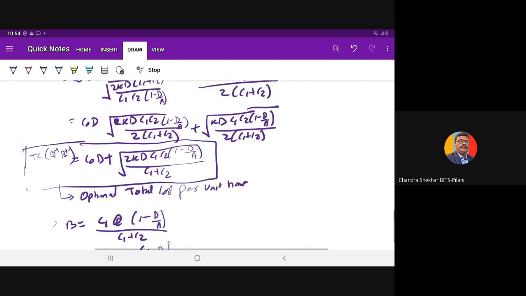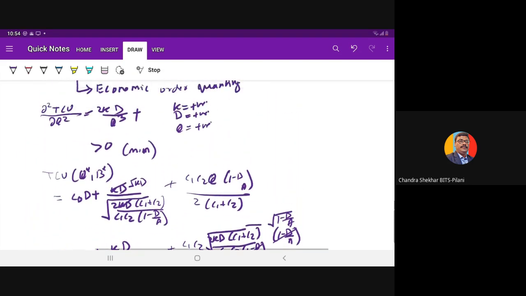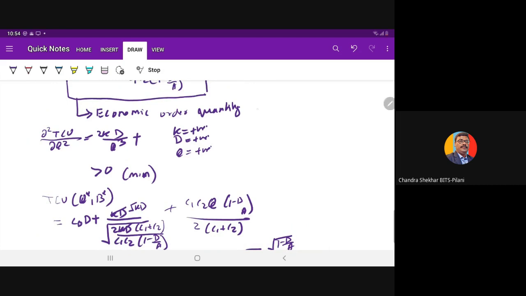And this is the total cost, and here we have economic order quantity, so commonly we call it EOQ, right? So here, first target is to compute the economic order quantity, EOQ.